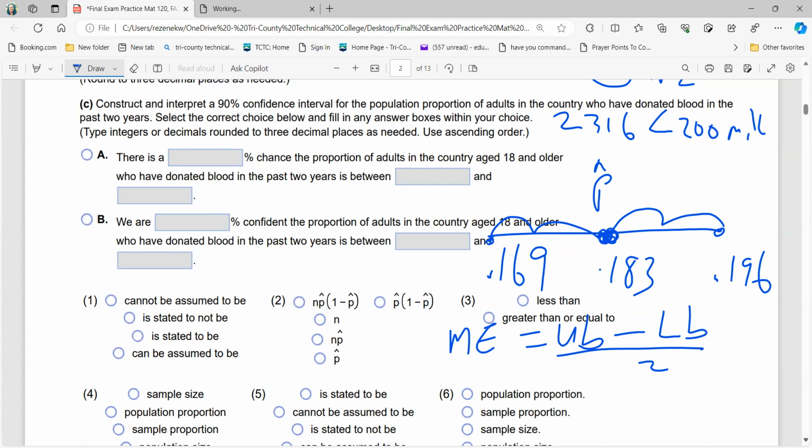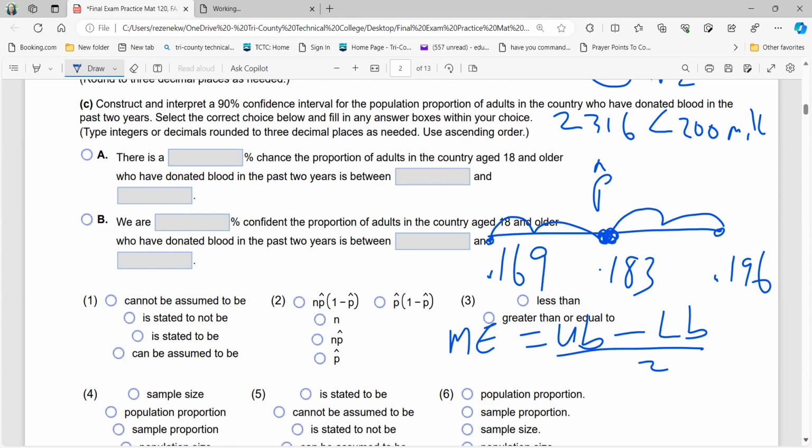So now you make a conclusion. Therefore, I am 90% confident that the mean of those who donated blood in this country, whatever country it is, USA, lies between 0.169 and 0.196.